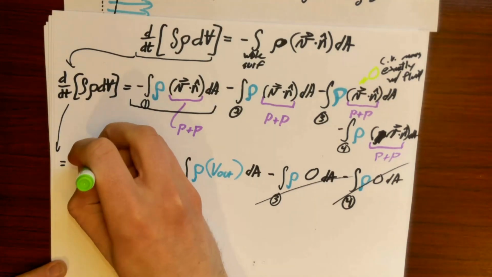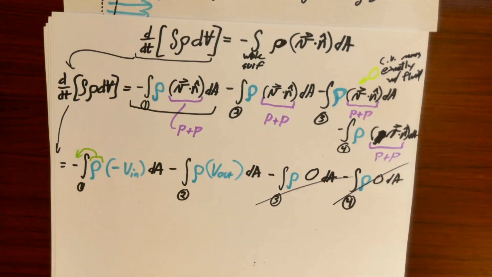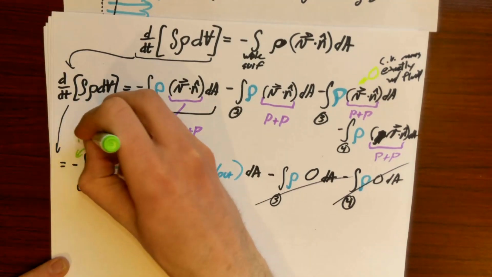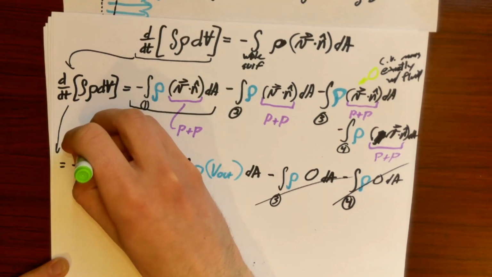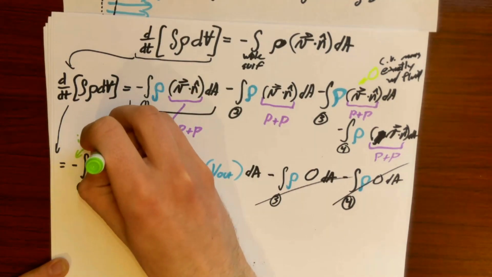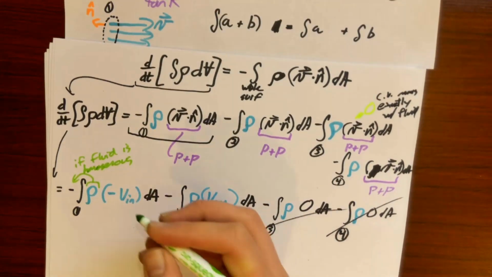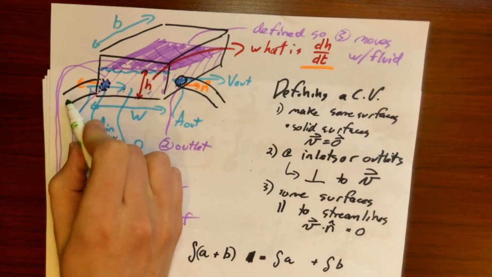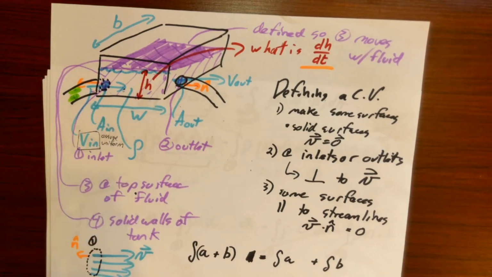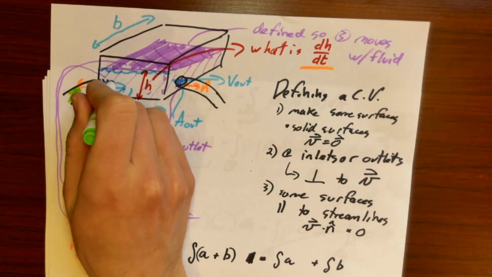Well, we can pull density out of the integral if our fluid is homogeneous, i.e., if it's not some case where we have one type of fluid here and a different type of fluid here, all flowing through this surface here, right?